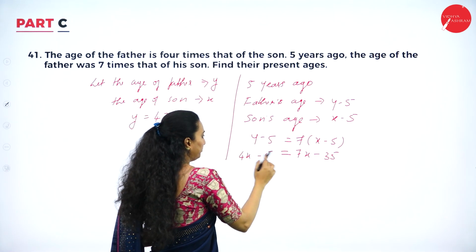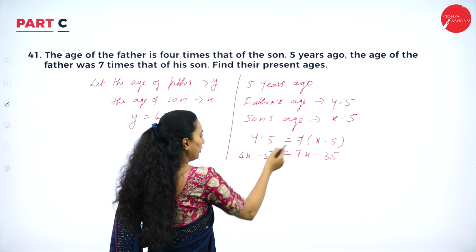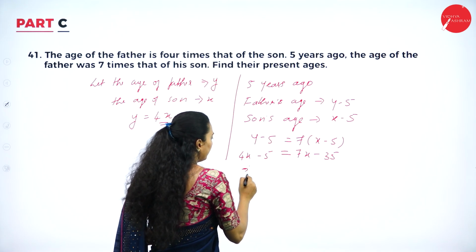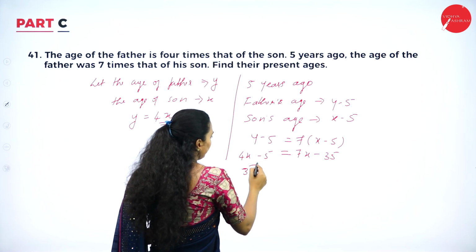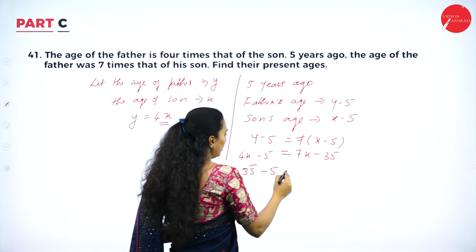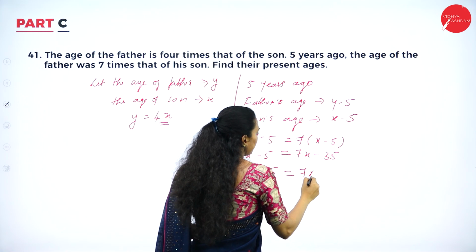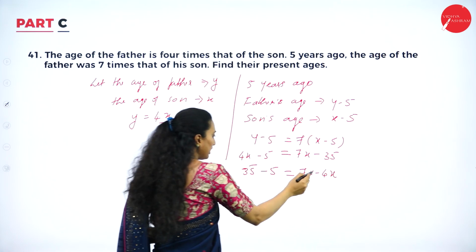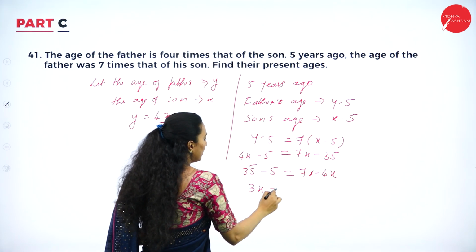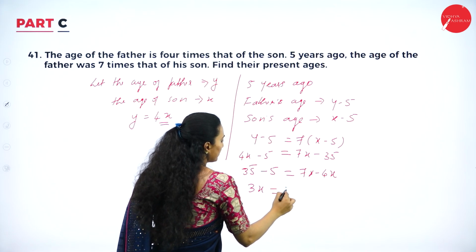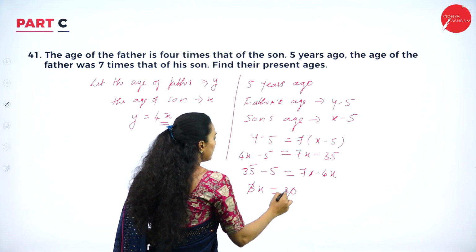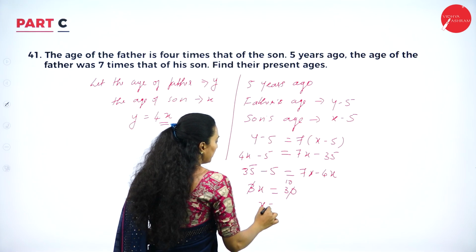Now you can take minus 35 to this side, 4x to that side. So plus 35 minus 5 equal to 7x minus 4x. Otherwise 7x minus 4x is 3x is equal to 35 minus 5, which is nothing but 30. So 3 10s are 30. So x will be equal to 10.